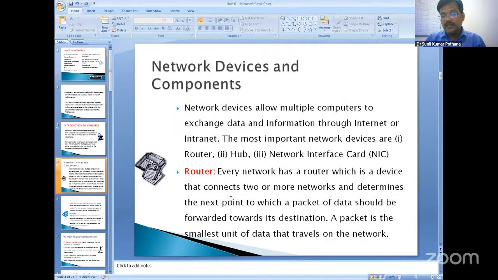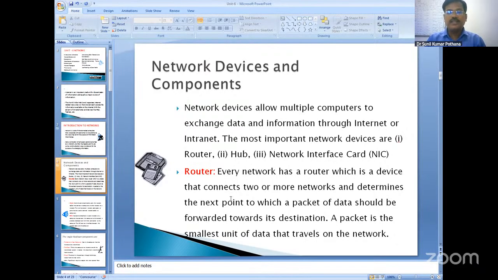And if a person who lives in Australia or South Africa or America gets information from all over the world, that is through the internet. The most important network devices are router, hub, and network interface card.